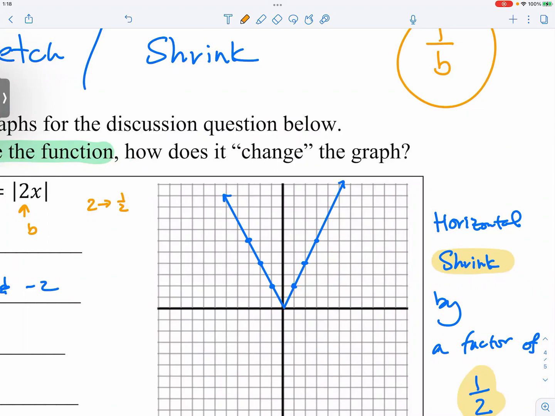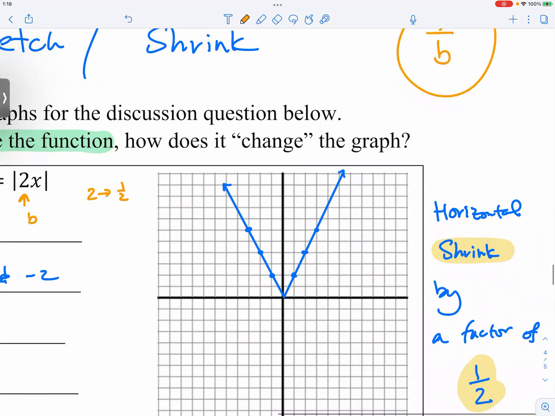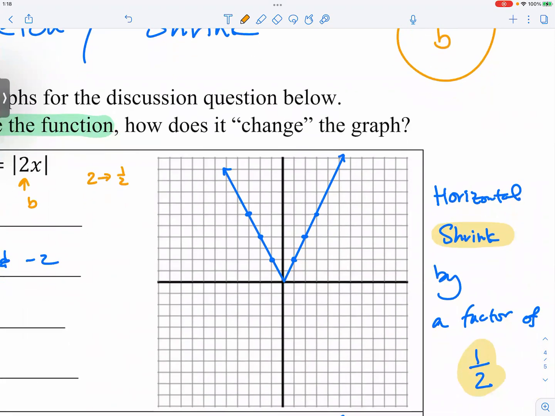So for this one, because it's 1/2, we say this is a horizontal shrink by a factor of 1/2. So whenever you see a number b right here, it's always going to change to the reciprocal.